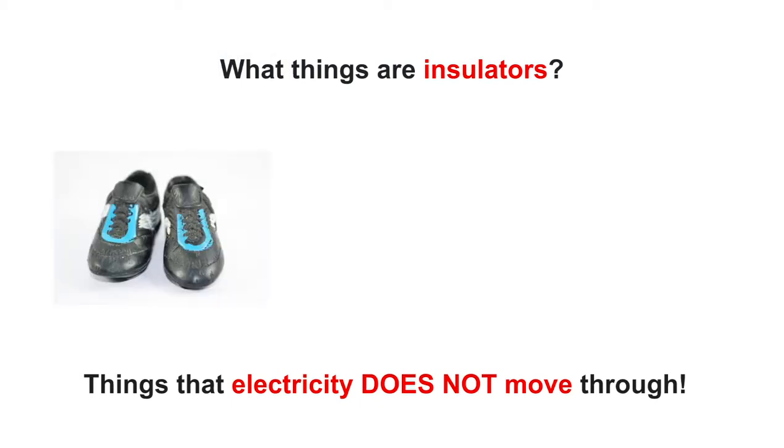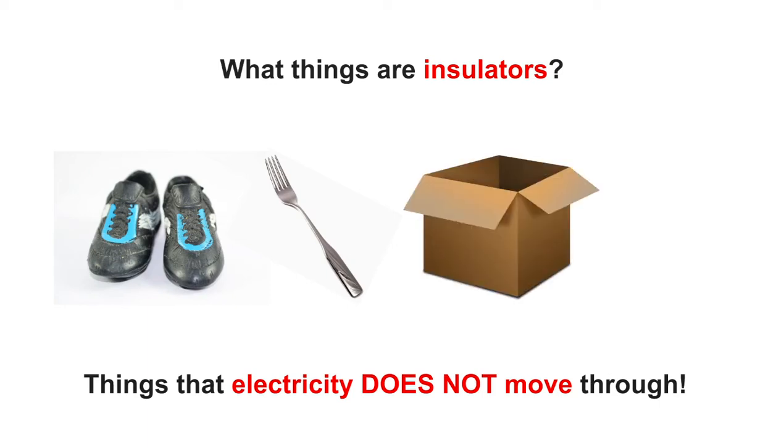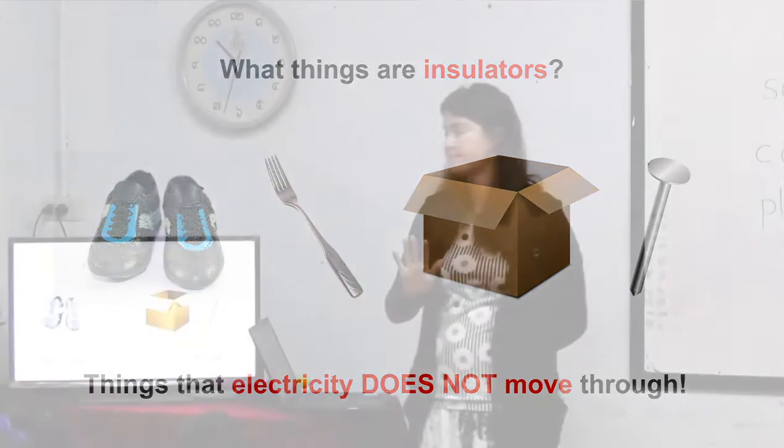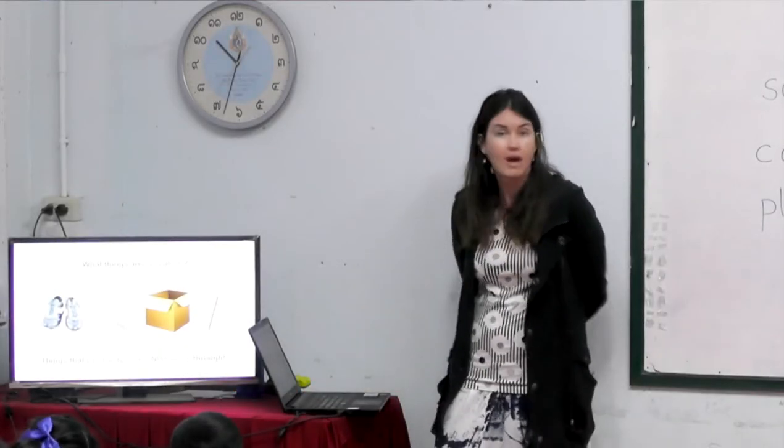So we have shoes, a fork, a box, and a nail. Good job, friends. So look at these four things. What do you think is going to stop that electricity? Why?